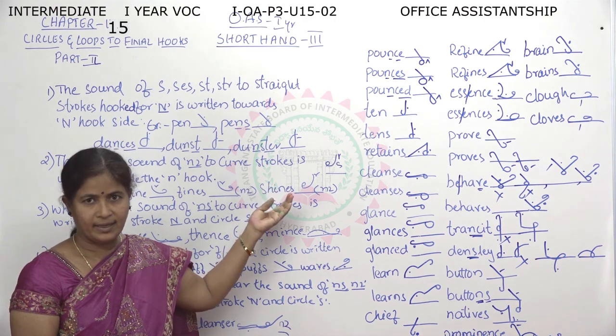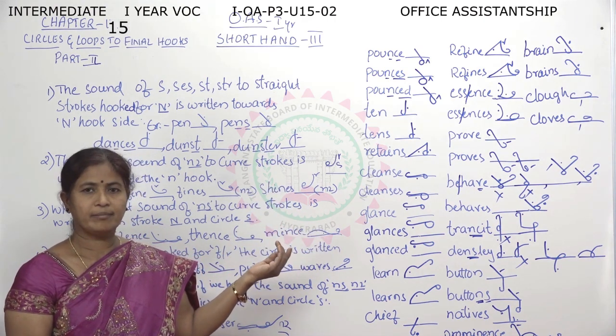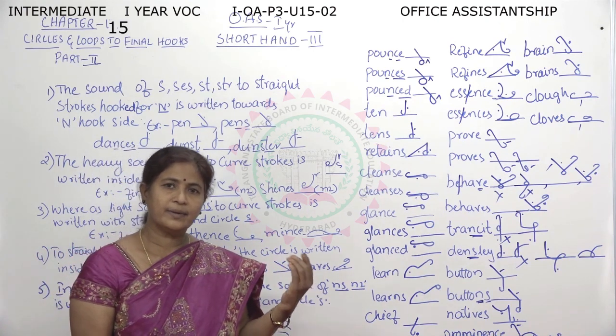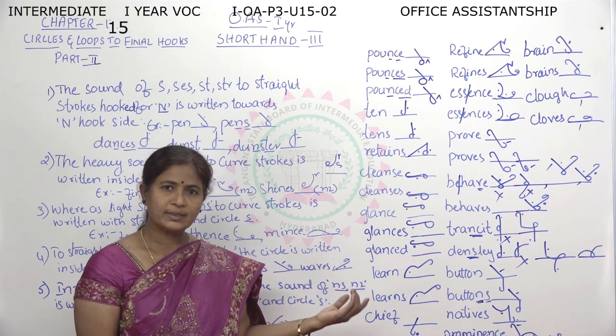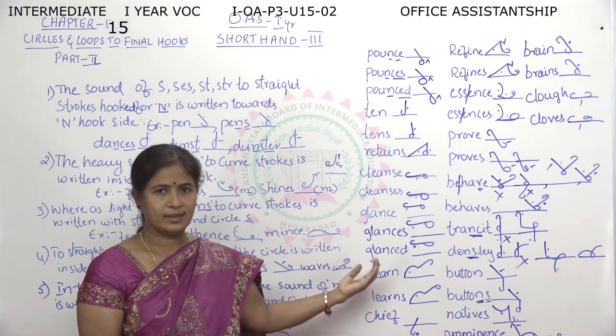And we also have grammalogues in this chapter. Please open the textbook and practice the grammalogues as they are, because grammalogues play a very important part in English matter. If you are thorough with grammalogues and learn all these words, speed writing is very easy.